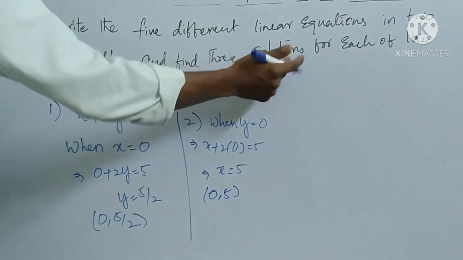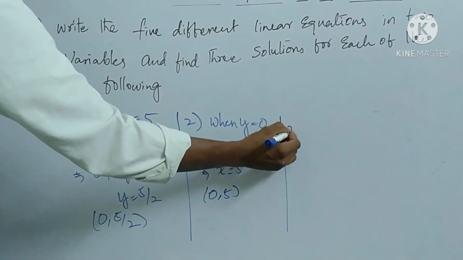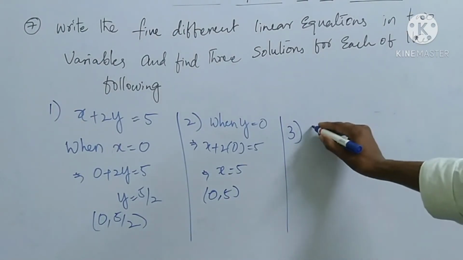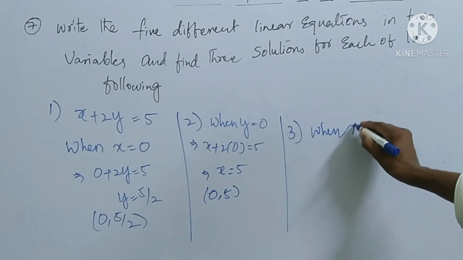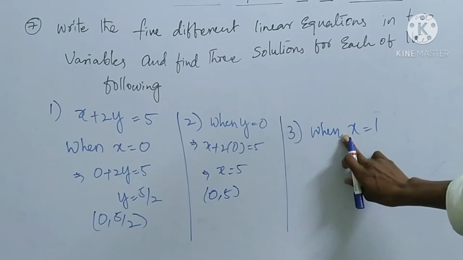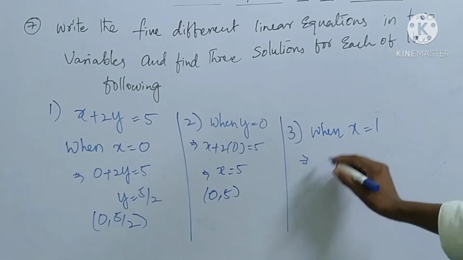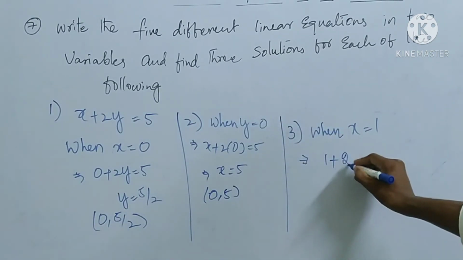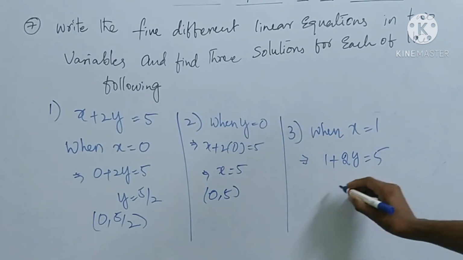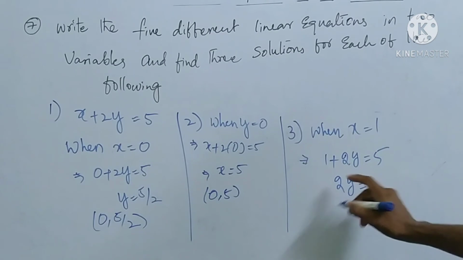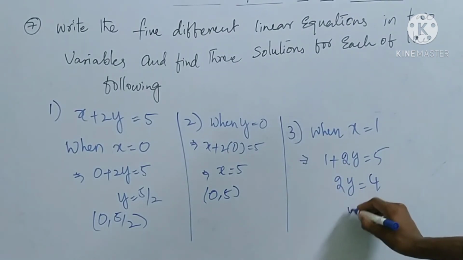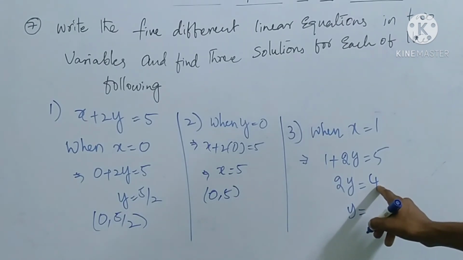And for the third of the three solutions, when x is equal to 1, that is 1 plus 2y is equal to 5. So 2y is equal to 5 plus 1 transposes to minus 1, 5 minus 1 is equal to 4. So y is equal to 4 by 2.